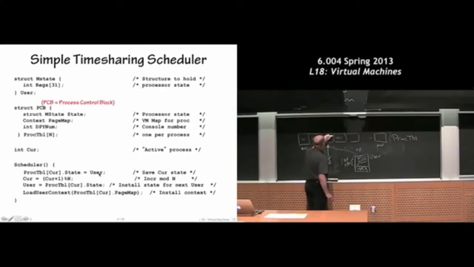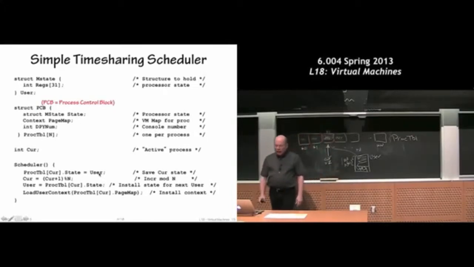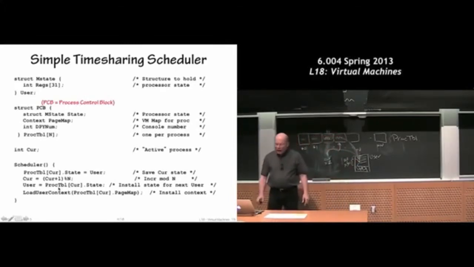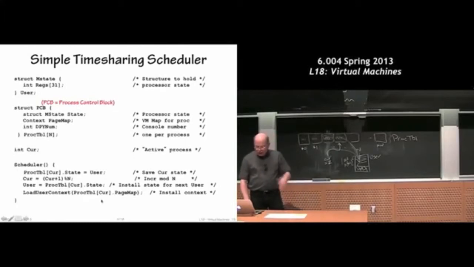I'm going to copy it to another place in the kernel memory, but this array here is specific to process number 2. I'm going to save it away there. I'm then going to change the current process to process 3. And then I'm going to copy all of process 3's registers back here. And then I'm going to set up the page map, anything else I need to do to start running process 3. And then I'm going to return from the scheduler call.